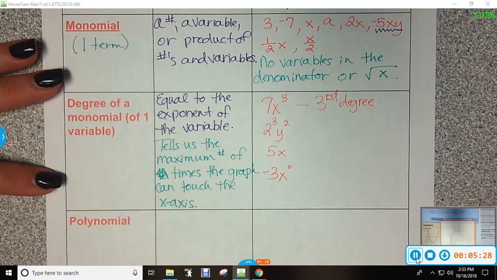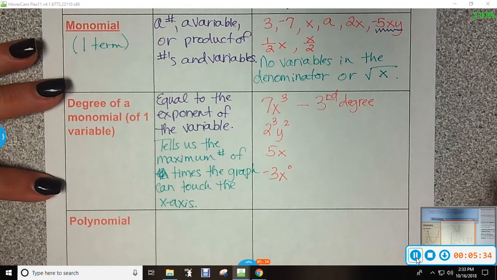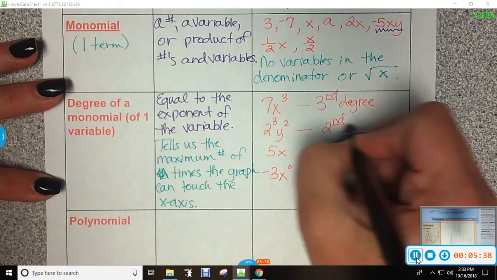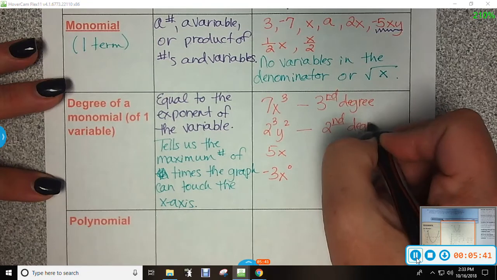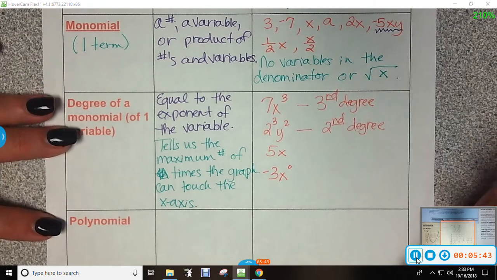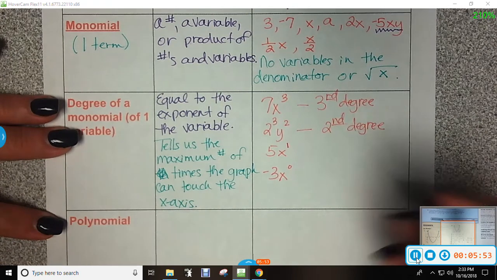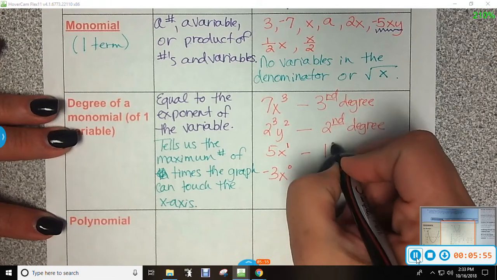When I have 2x cubed y squared, what is the exponent for the variable? 2, so that one is a second degree. For 5x, what's the exponent for that variable? 1. It's not written there, but when it's just an x, it's an x to the first power. It's understood, so that is a first degree.